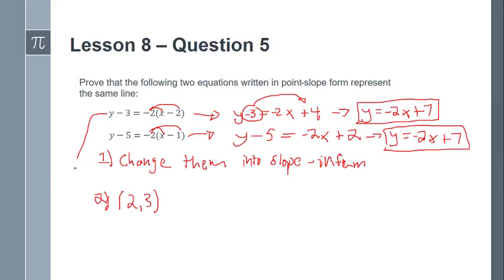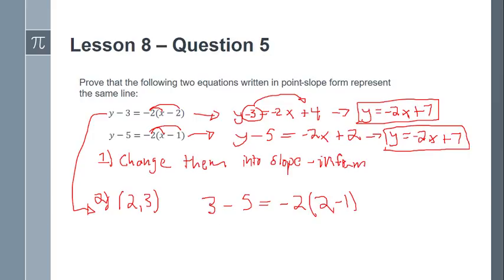All right, so from the top equation I get the point (2, 3) on that line. I'm going to plug it into the bottom equation for the y and the x and see if we get a true statement. So where this y is here, I'm going to write 3 instead. So is 3 minus 5 really equal to -2 times the x-coordinate, which is 2, minus 1?